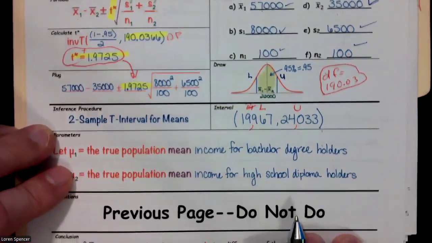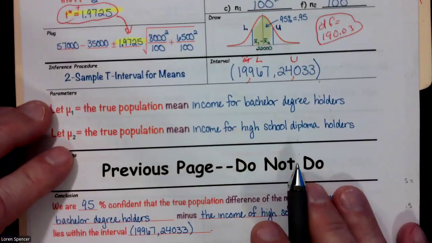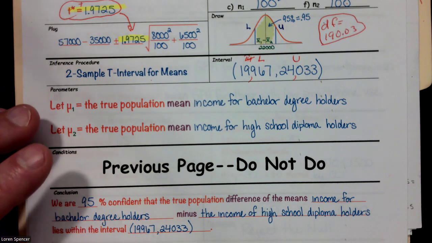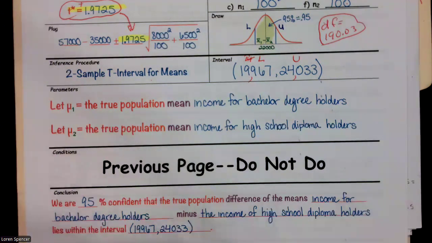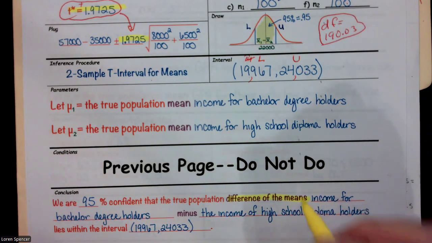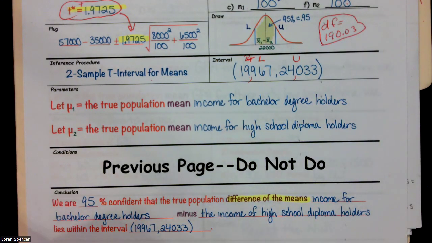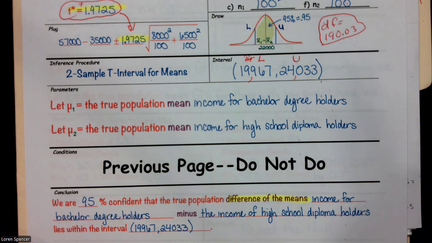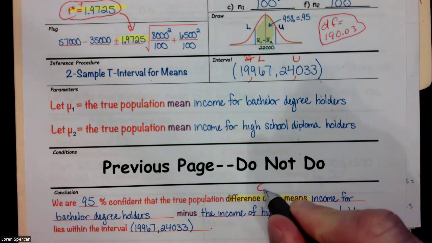So what are we? Well, we are 95% confident the true population difference. This is really important. You need to have difference of the means. That's super important for a 2-sample T. You won't have it for a hypothesis test, but for a CI, for a confidence interval, you need this.